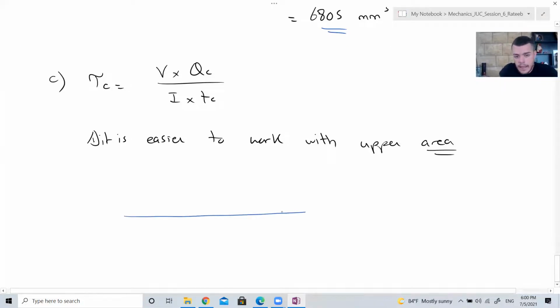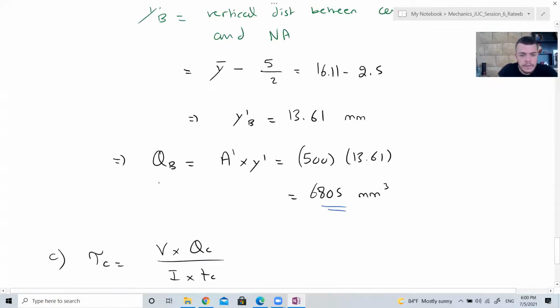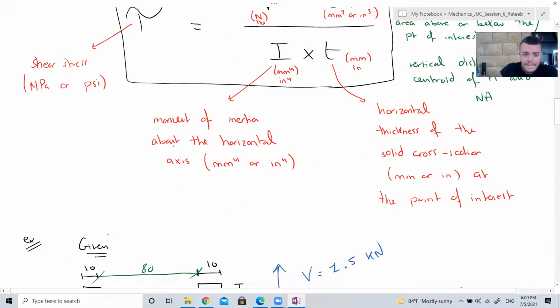For point C, the upper area is this and this. This distance is 10.